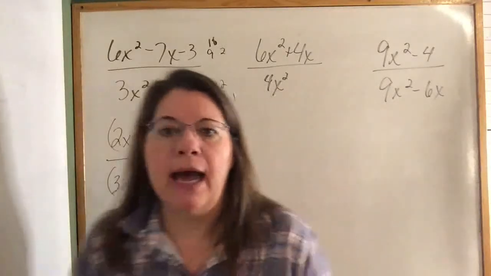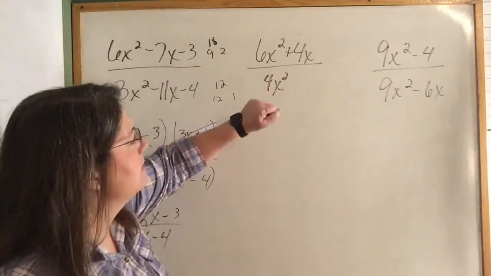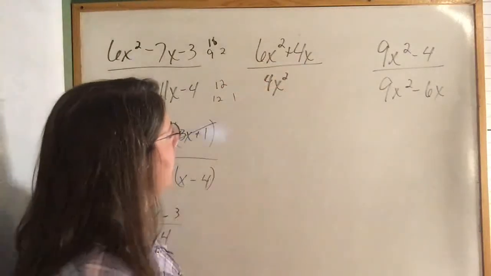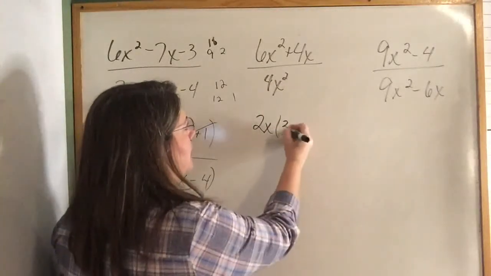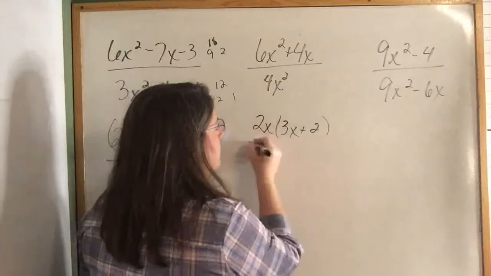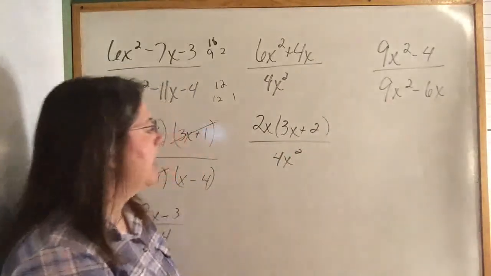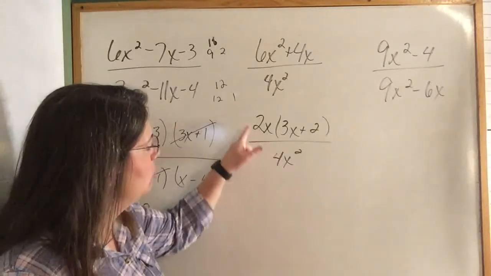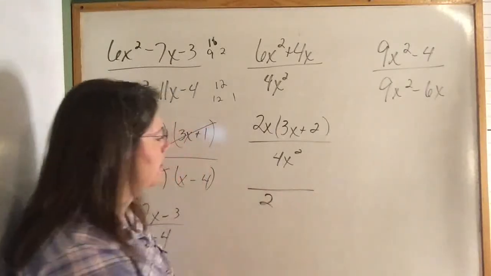In the next one, I'm going to also try to factor this one. This one's a little bit different because it's not a trinomial, but we can factor here. We can take out a 2x. When I do that, I have a 3x plus 2 left. And then on the bottom, nothing factors out of that. I just leave that as a 4x squared. And then the 2x and the 4x can cancel. 2 and 4 cancel to 1/2, so I've got a 2 left on the bottom.